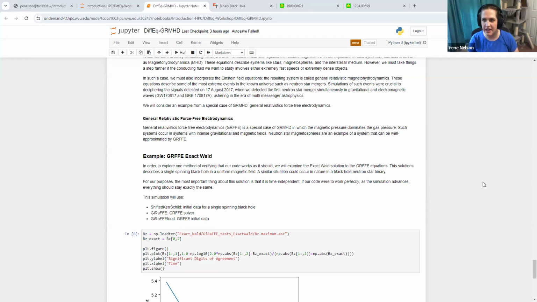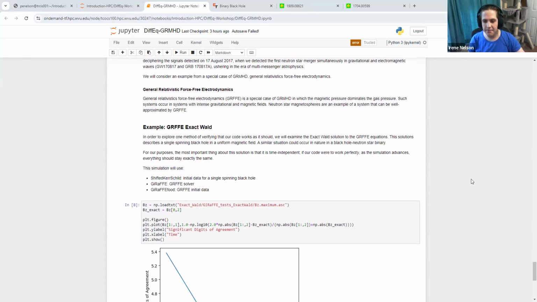We wouldn't see the metric change, the magnetic field, the fluid velocity, all of those would stay exactly the same. Naturally, they don't. That's the reality of these approximate solutions that we're solving for with numerical simulations. They are approximations.